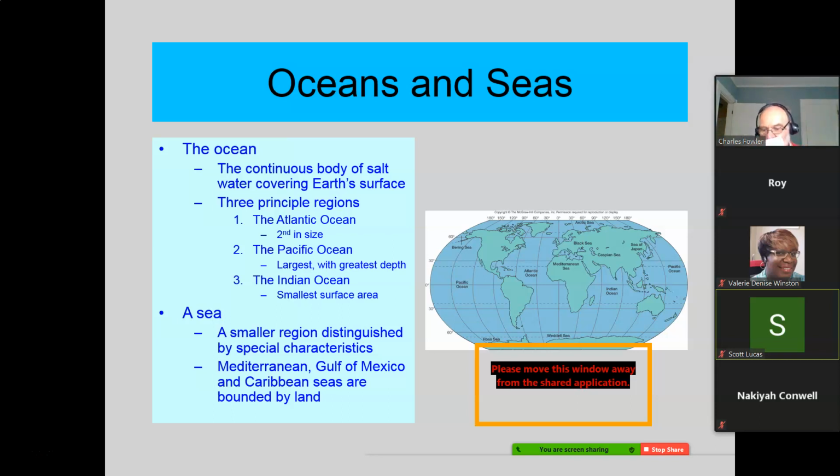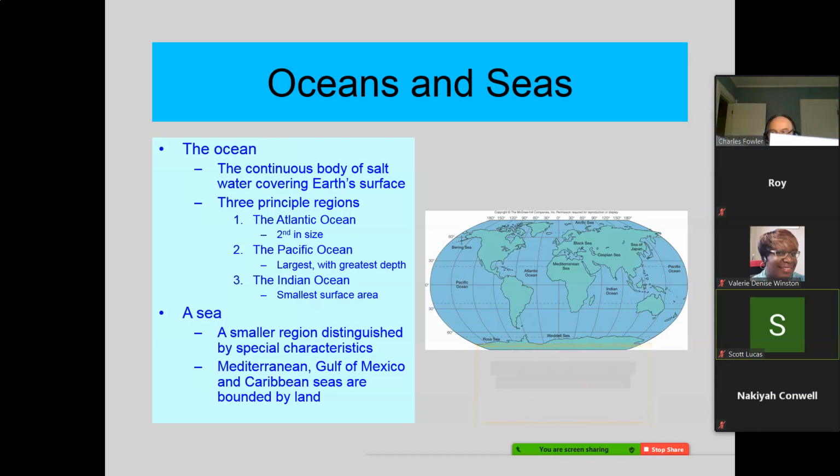Okay, if not, we'll move on to 10 of the ocean currents and list an ocean with which each is associated. There's 5 at the bottom of the first page, 5 at the top of the next page.